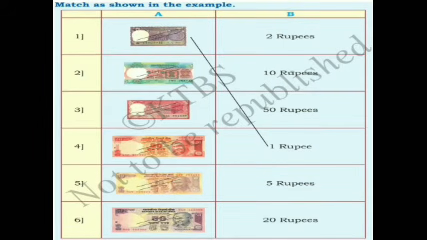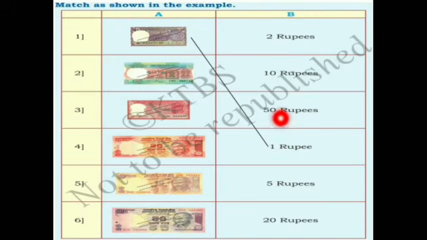Children, now we should do match the following. First we have this note. What is the value of this note? Yes, 1 rupee. They have matched this. Next we have this note. What is the value of this note? Yes, 5 rupee.